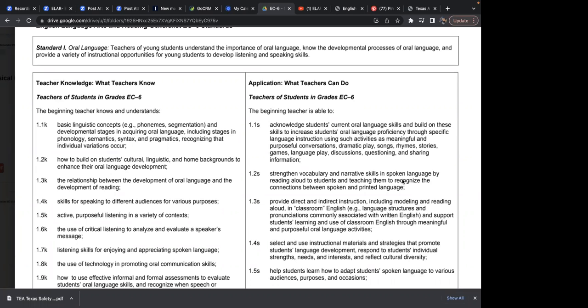Oral language is so important, and teachers of young students need to understand the importance of oral language. I had a teacher yesterday, an intern who is also trying to pass the STR. She attends my classes and is doing the PPR stuff too, and she was talking about how I say I'll have them talking, obviously not just about nothing, but create opportunities.